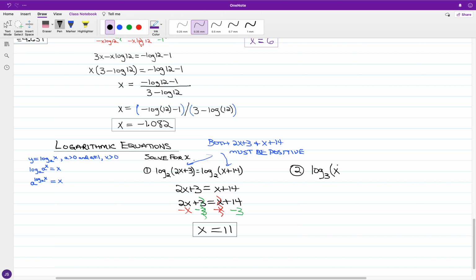Now we have the base 3 logarithm of x squared plus 3x is equal to the base 3 logarithm of 18. Now for x squared plus 3x, whatever I have for x, x squared plus 3x must be positive.